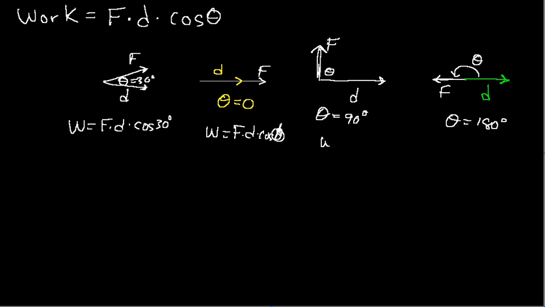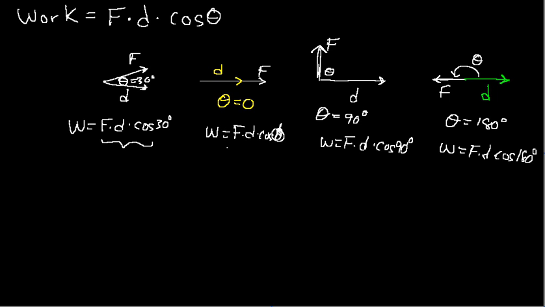In this case, it's force times distance times the cosine of 90 degrees. And in this case, it's force times distance times the cosine of 180 degrees.